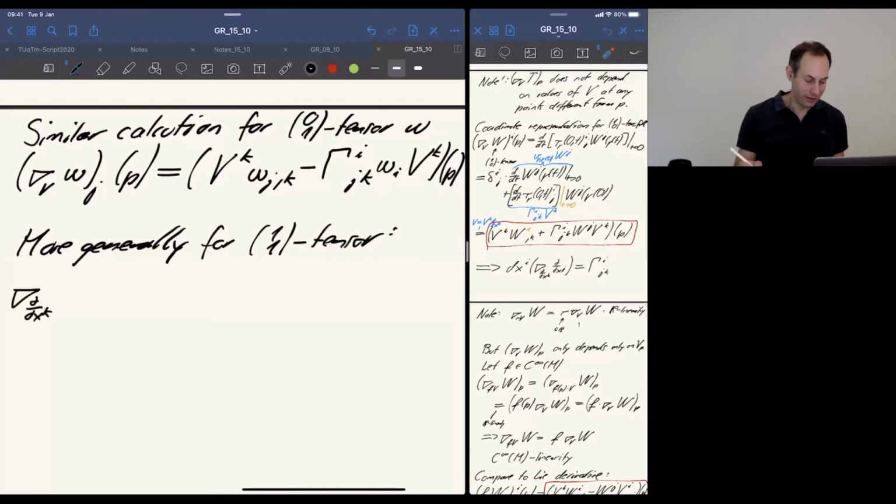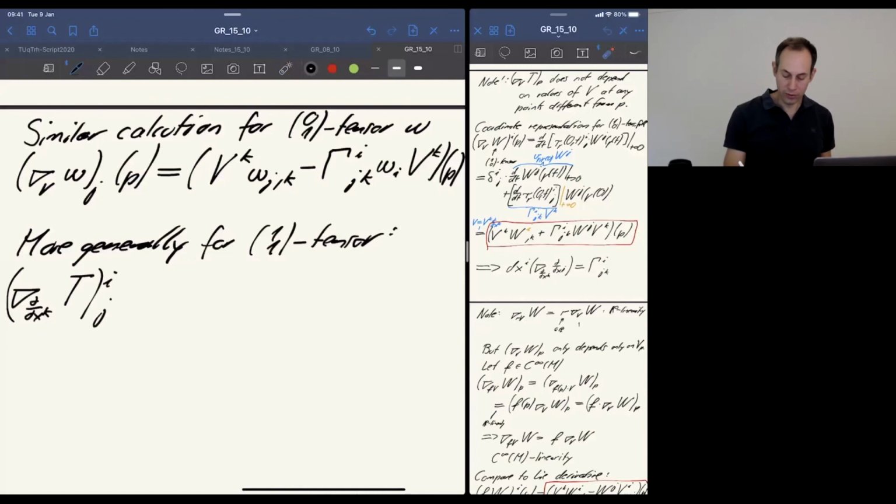So now I simplify things a bit. Here I always had this arbitrary vector. But of course, if you understand how it goes in one direction, we know everything. We just need to take that and sum over the different components. So let's look at the covariant derivative of a 1, 1 tensor field and the components i j.